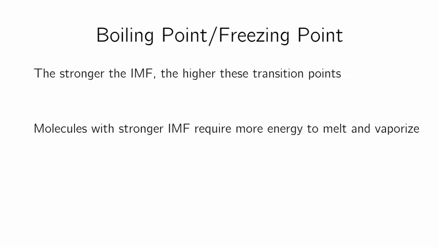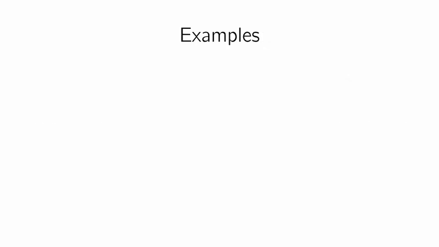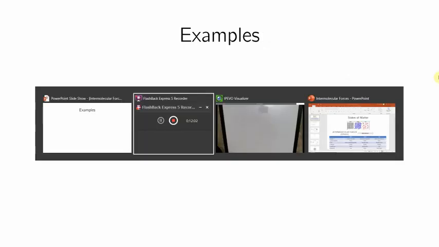For example, a metal like aluminum has higher intermolecular forces than, say, oil, because oil is a liquid. And oil has stronger intermolecular forces than, say, oxygen, which is a gas, because they can bind themselves as tightly at regular conditions. Okay? And let's look at some examples here.